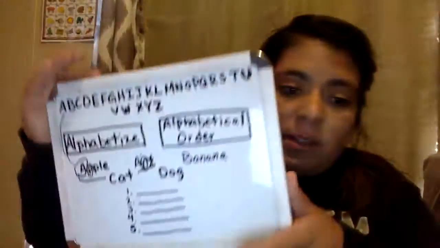I would let them know that we have to look at the first letter of the word. One of my words was apple. I would let them know that A is the first letter, and since it is the first letter of the alphabet, that's one of the words that goes first. Now I have another word that starts with A, which is ant.